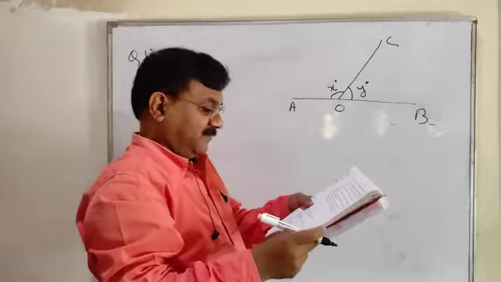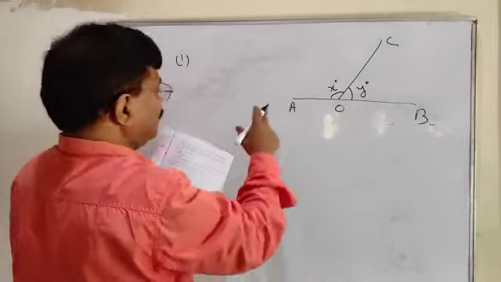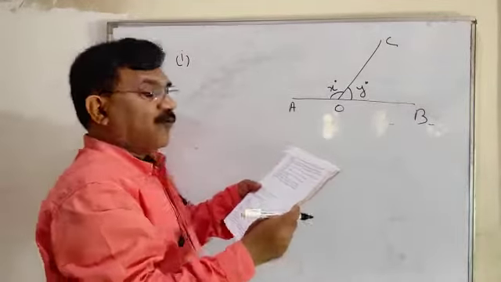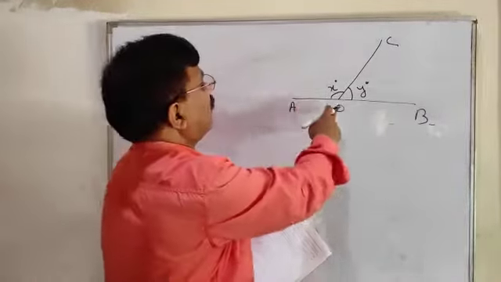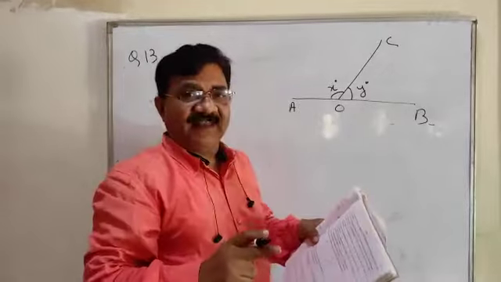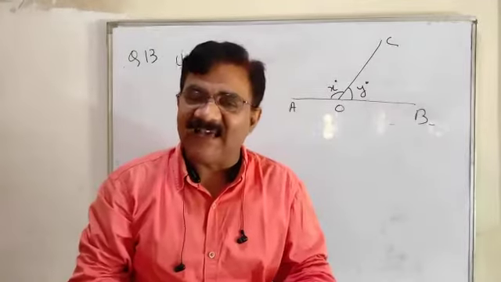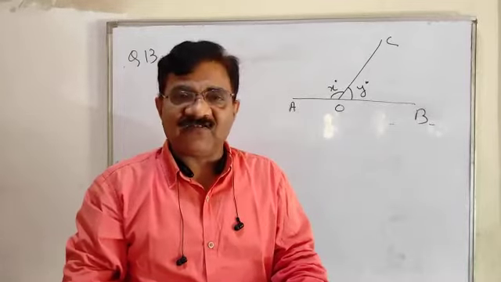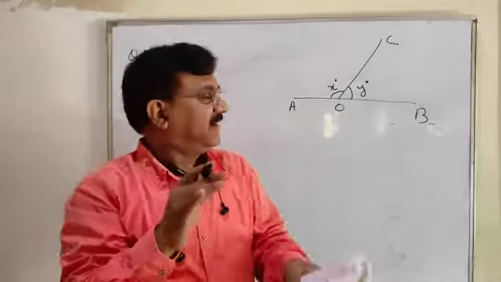What is the question? See here, they represent opposite rays, meaning OA and OB are opposite rays, meaning they form a linear pair, and linear pair means their sum must be equal to 180 degrees.